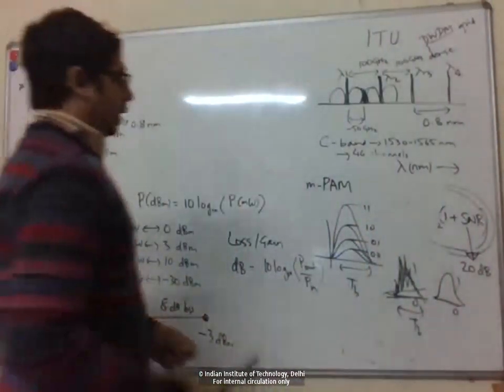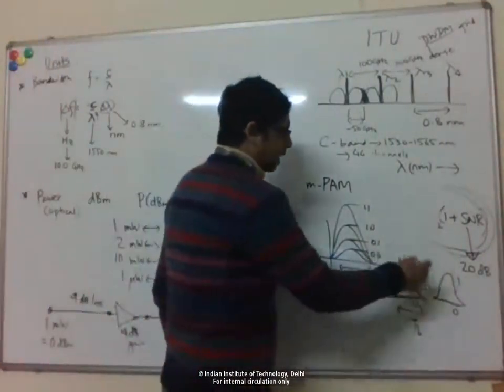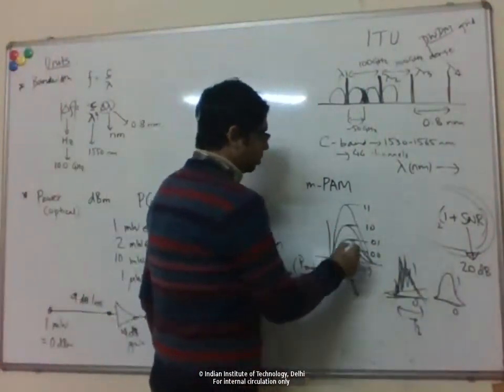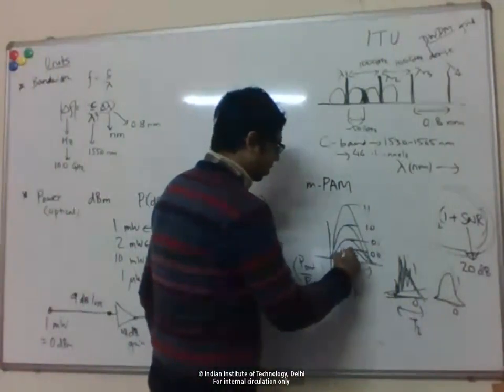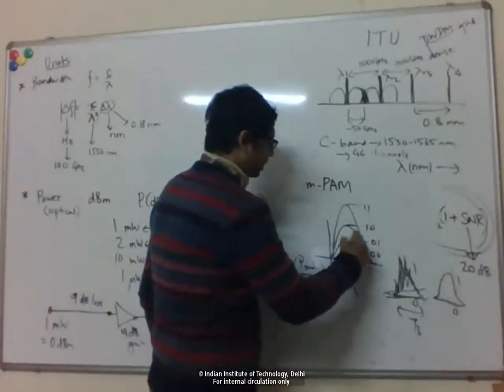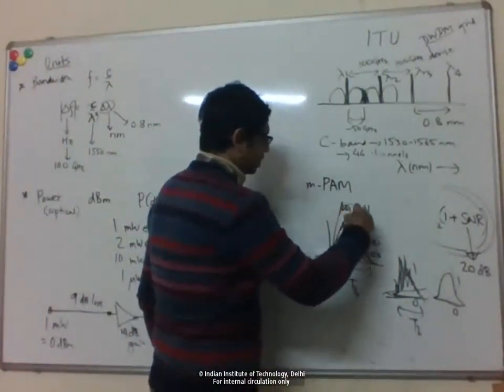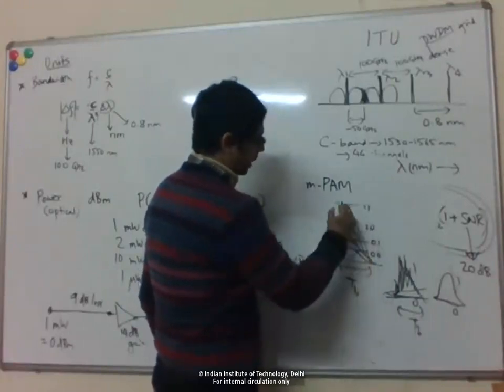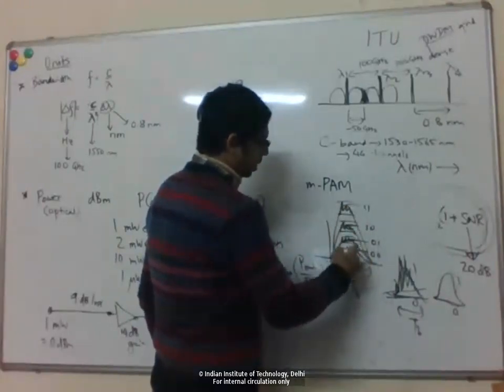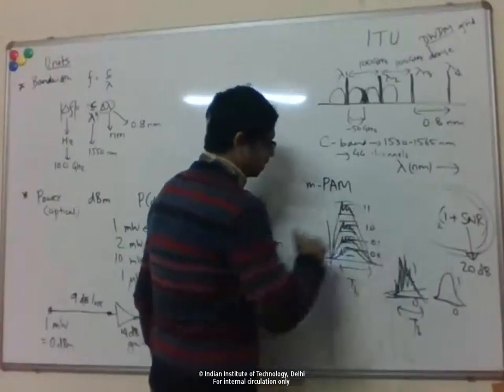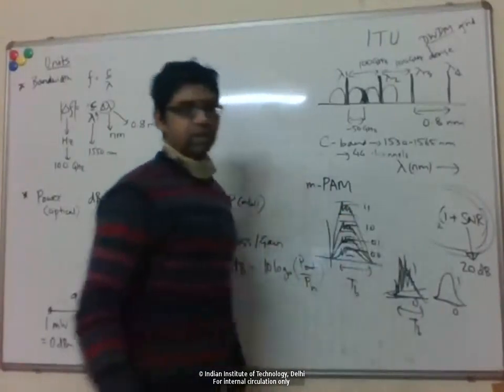To make use of the increased SNR, you can divide this like this. If the noise amplitude is smaller than, let's say, 1/4 of the maximum bit amplitude, then you can divide this into 4 levels.